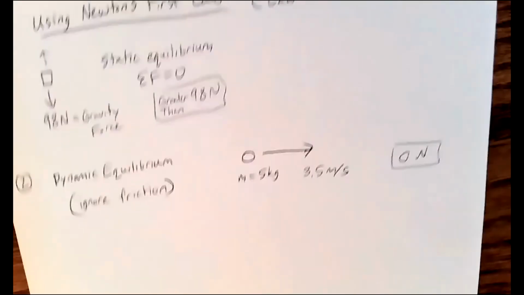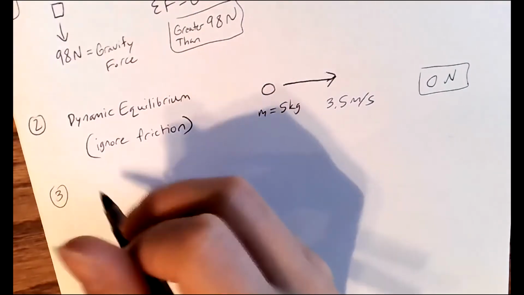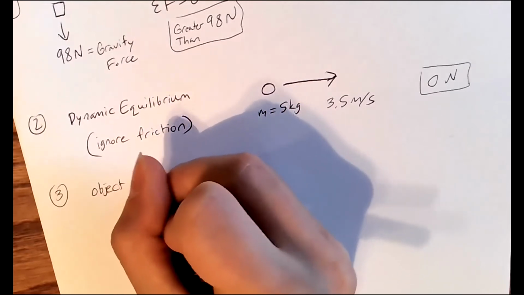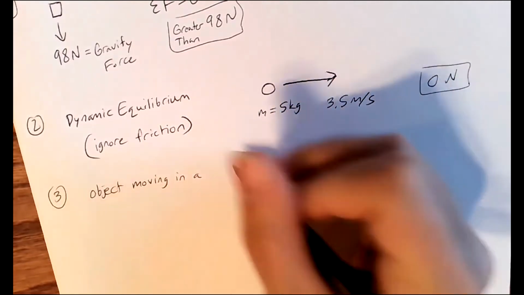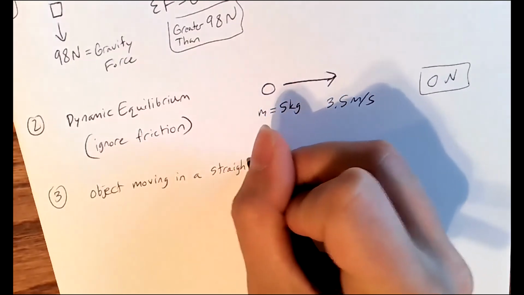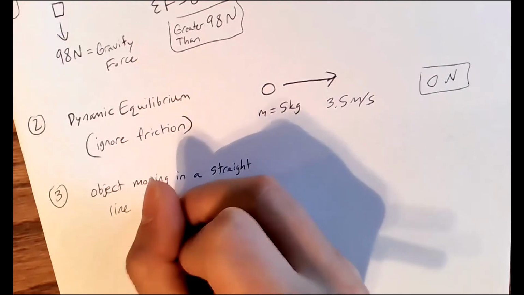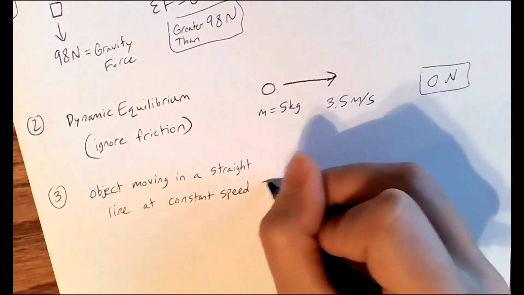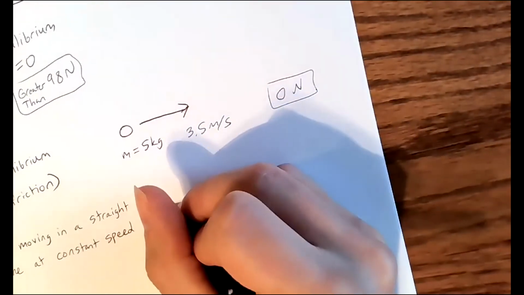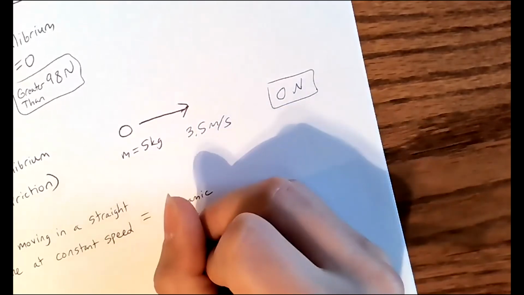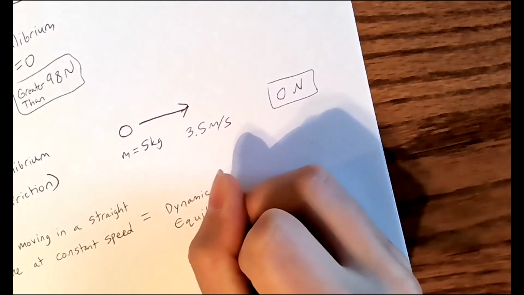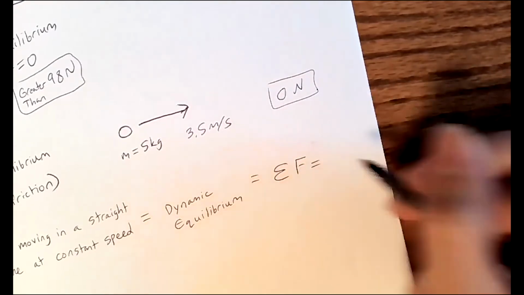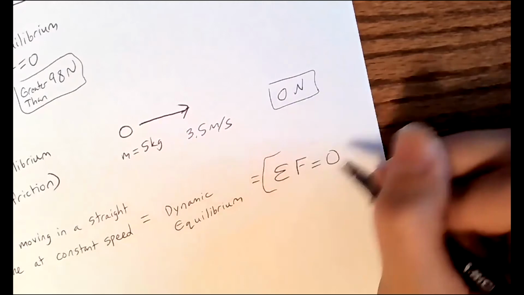And another way to write that out for number 3: object moving in a straight line at constant speed equals dynamic equilibrium, meaning the sum of all external forces acting on the object equals 0.